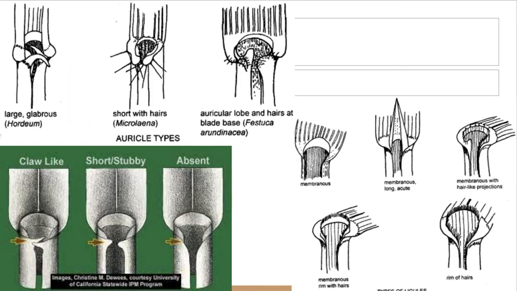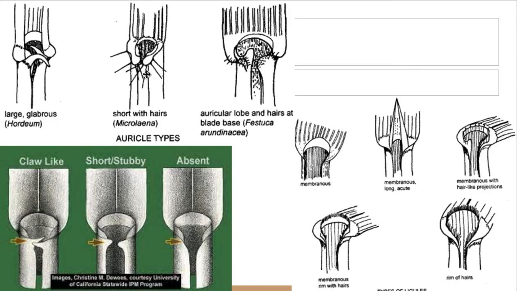There's many different types of auricles, however, I'm just going to go over a few here. So you've got the large glabrous auricles, similar to the one before, it wraps around in these weird claw-like shapes. Whereas here you've got it short with hairs. Now just a reminder, glabrous means no hairs, so it's smooth.